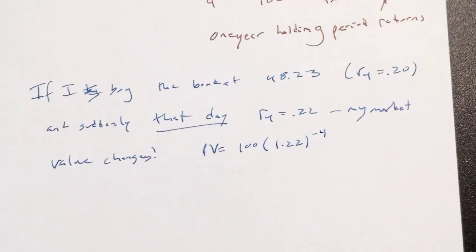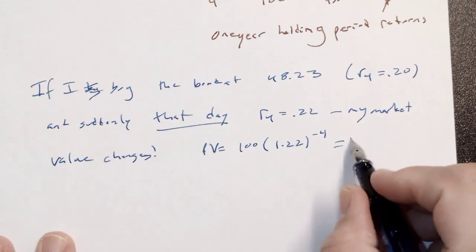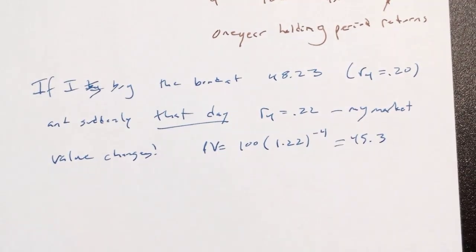What's my new market value at a spot rate of 22%? Which means I overpaid by a little over 3, right?